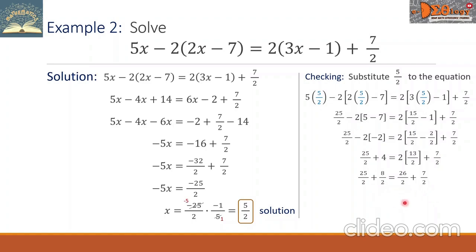When we simplify both sides, we can see that the left side is 33 over 2 equals the same value for the right side. Now we conclude that since the left hand side is equal to the right hand side, we are now sure that this 5 over 2 is the solution of the given equation.